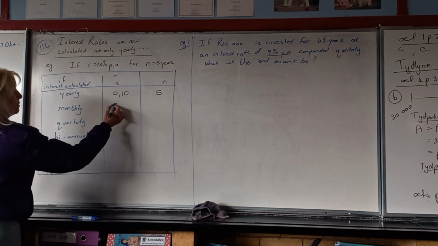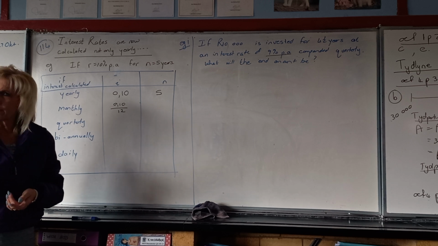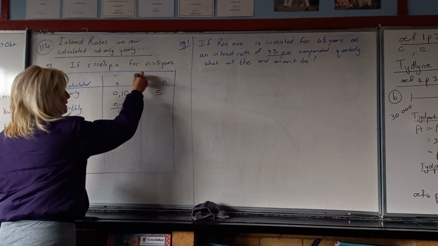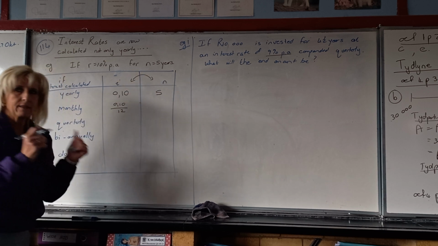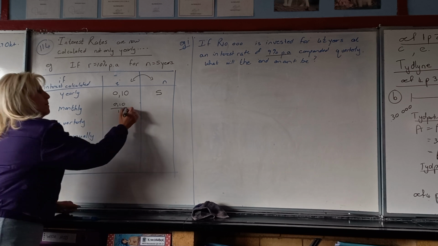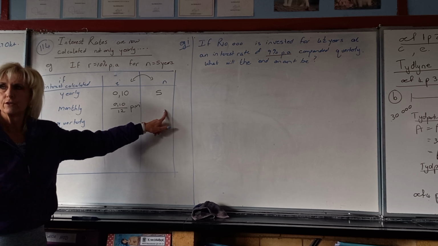So that'll be 0.10 divided by 12. But now, this is the reason why in that first example I said to you, this always goes hand in hand. The I and the N go hand in hand. You cannot have I per month and that is still 5 years.